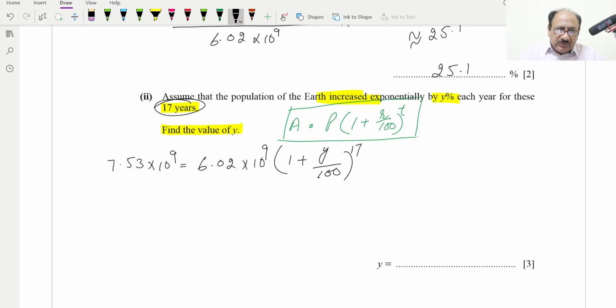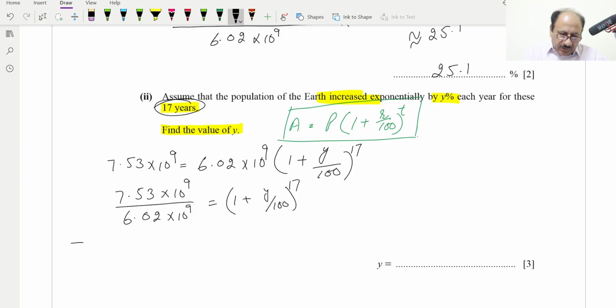So now the rest is just simplification. We will send this portion to the other side first, and we will write 7.53 into 10 raised to the power 9 divided by 6.02 into 10 raised to the power 9, and this will be equal to 1 plus y over 100, raised to the power 17.